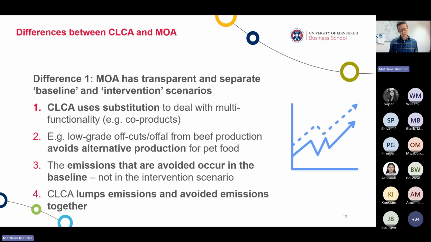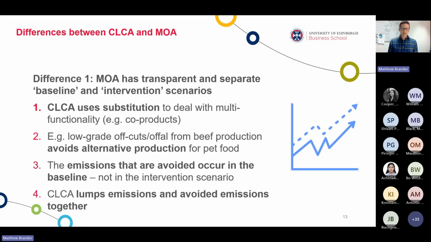And CLCA will typically use substitution method to do that. So this is the method where you identify the products that are displaced by the supply of co-products that are caused by the decision to produce or demand extra units of the main product which is assessed, and then crediting the avoidance of impacts or emissions or burdens associated with those products which are displaced or avoided.